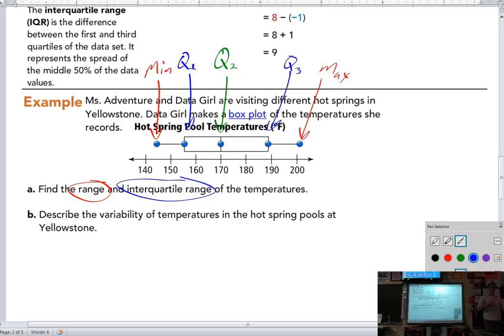Let's make this simpler. If I was looking at range of ages at Phoenix, how would I find the range of ages? Range is talking about how widespread something is, how far apart things are. Another synonym for range would be difference. What's the difference in the data?